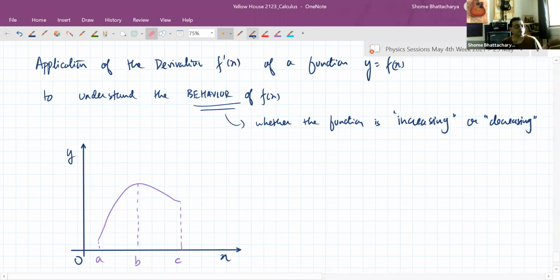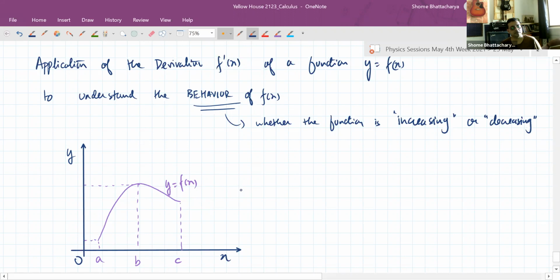So what we can see is that the function, whatever its formula, has such a nature that from A to B, the function is increasing because the value of y is increasing as you increase the value of x. But then after crossing the point B, it starts decreasing. That is the behavior of the function.